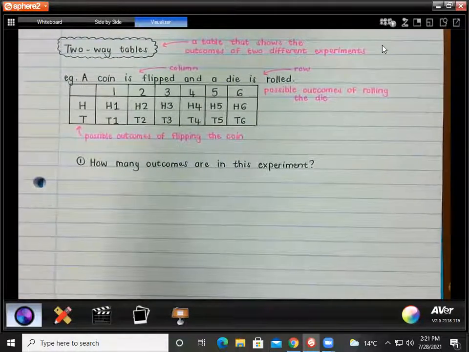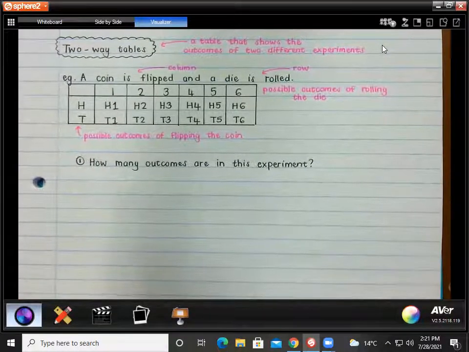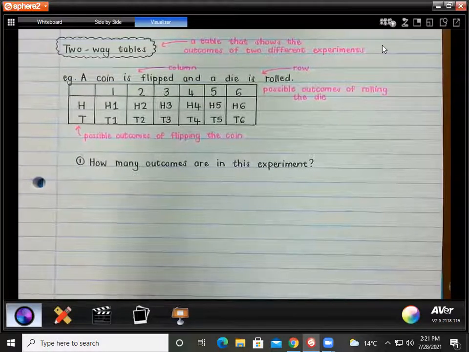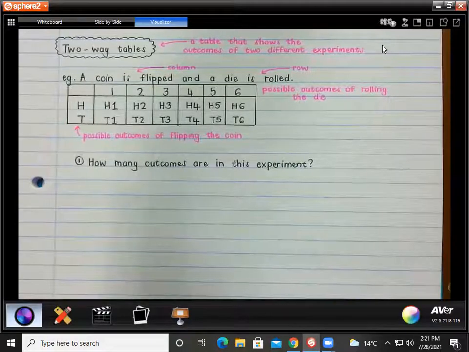Okay, so not a probability question yet. We're first just asking how many outcomes are in this experiment. Yes, 12. All right, by that they mean outcomes in the whole experiment, both things that have happened, the coin being flipped and the die being rolled together.